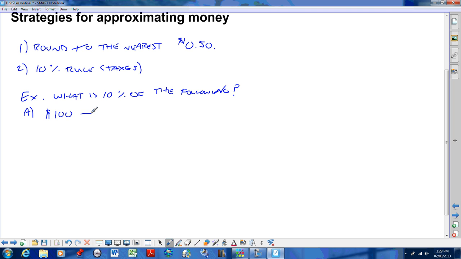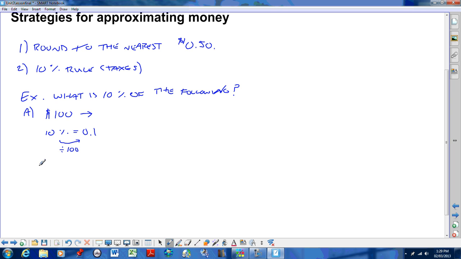So what is 10% of $100? Remember, I'll show the long steps here. To get 10%, you would convert your 10% to a decimal. That's your first job. So 10%, from the earlier lesson, is equal to 0.1, and we do that by dividing by 100.